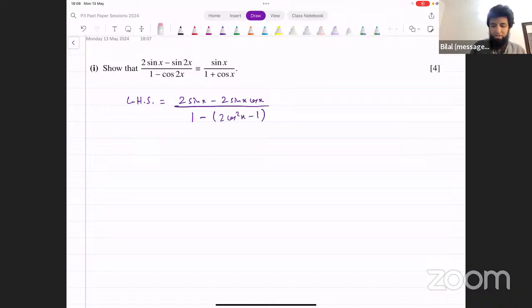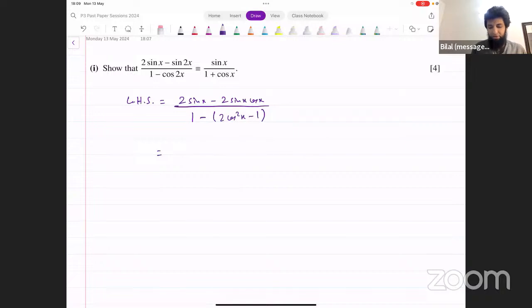Now, since you want something in terms of cos in the denominator, right? You want something in terms of cos in the denominator. So because of that, I'm using the form that has only cos in it. The final result that you want has to be in terms of cos, right? So that's why I'm using the form that has only cos in it. Now, the other forms would also work. This is, I think, just going to be a bit more efficient in this case because you will directly have only cos terms here.